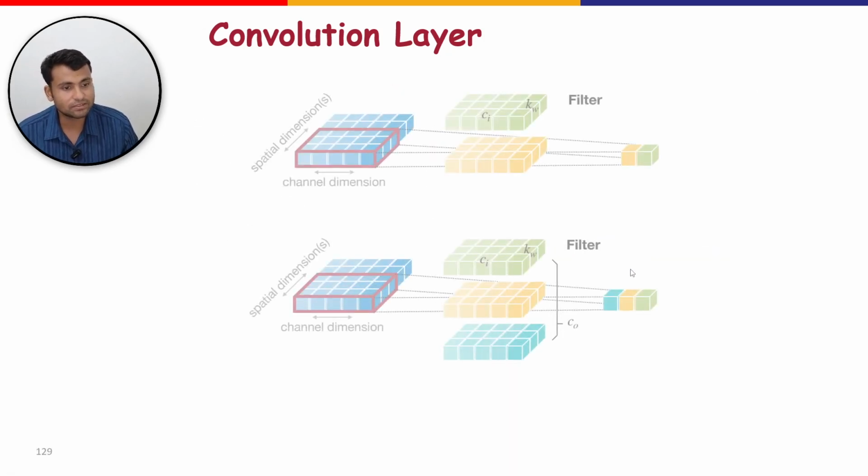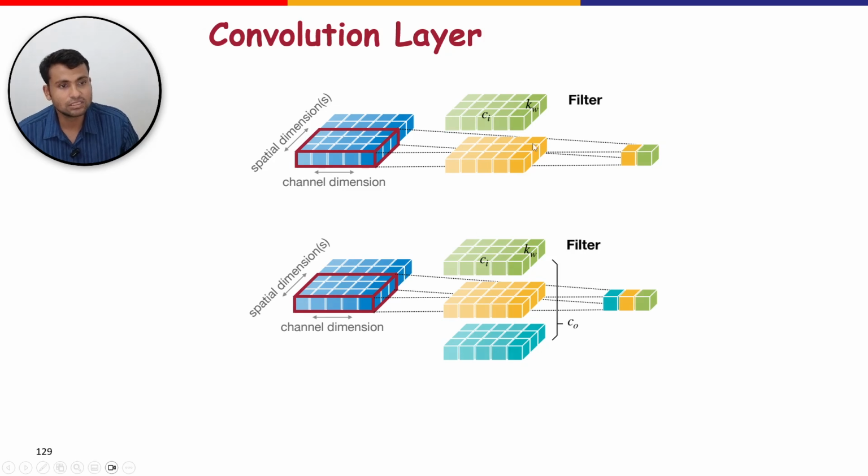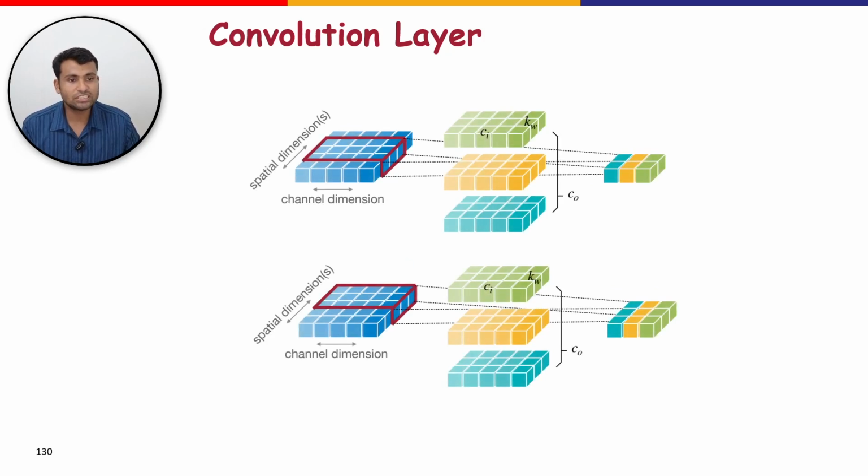So to understand this better, for a single filter I get a single pixel. If there are multiple such filters, then for each filter I get one pixel each, right? Then what I need to do is move all these filters in this direction, in the spatial dimension. Each time I move, I get a new value, and then what you can observe in the output is this CO, the channel on the output, and the WO.